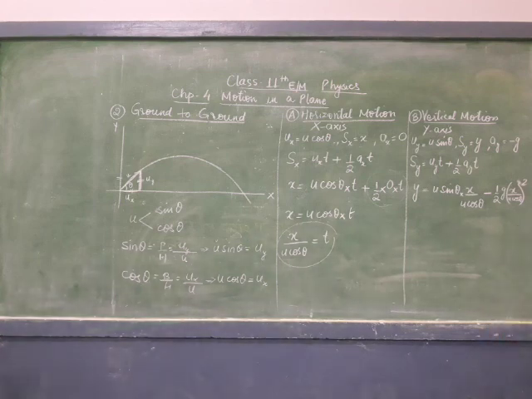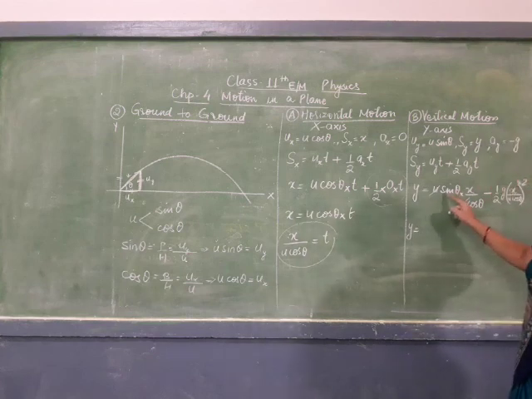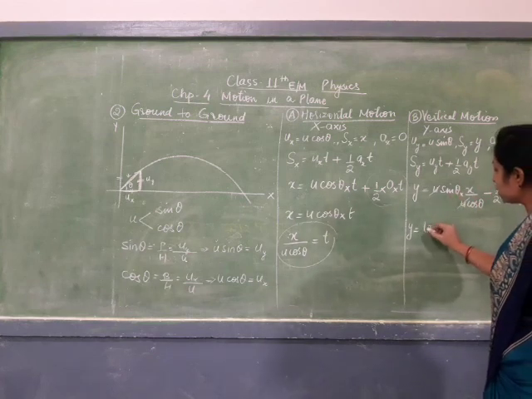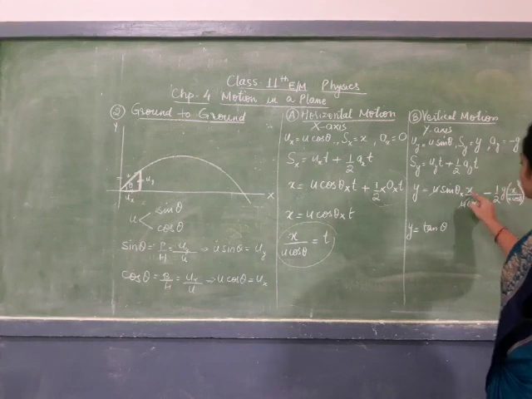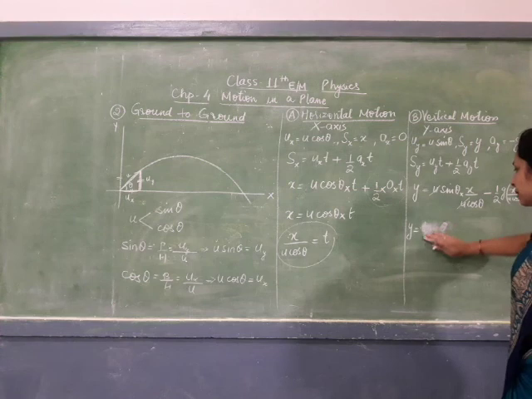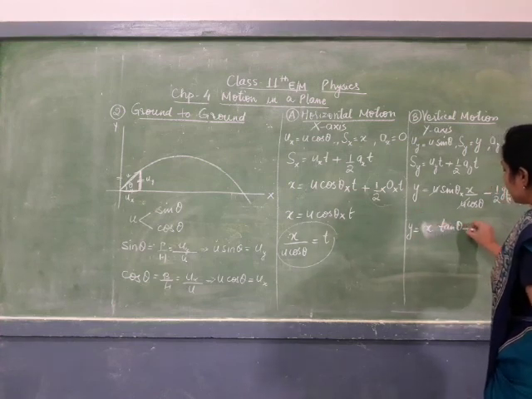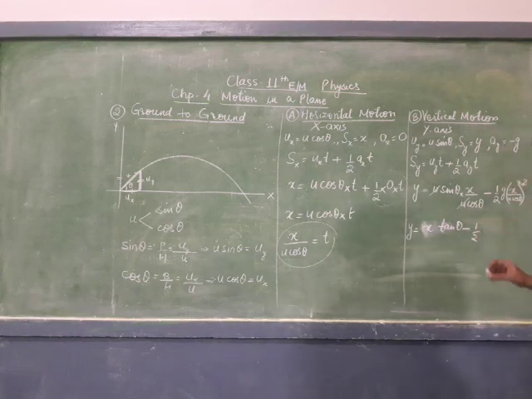Okay, this is your relation. Now cancelling out u and u, sin upon cos is tan theta, and keeping x in front of it, it can be written as x tan theta minus half g x square upon u square cos square theta.